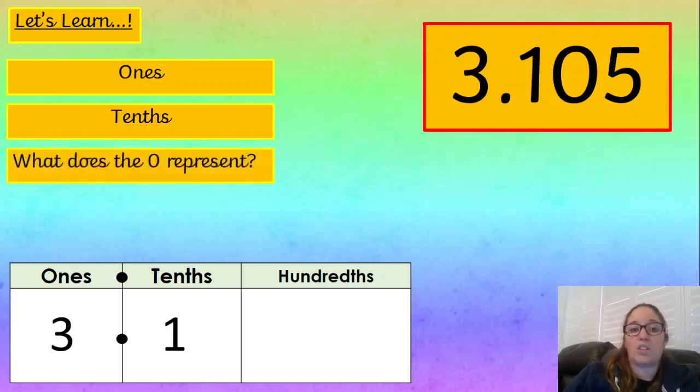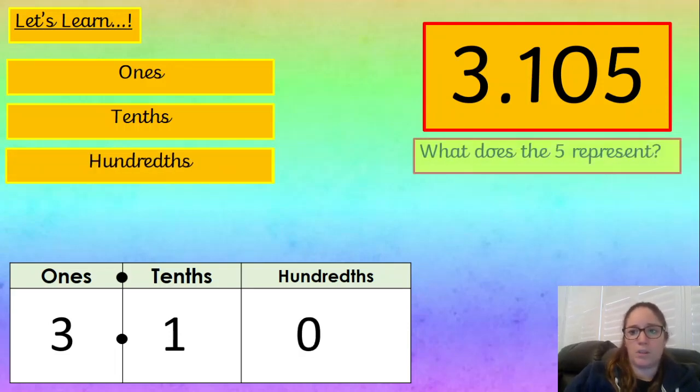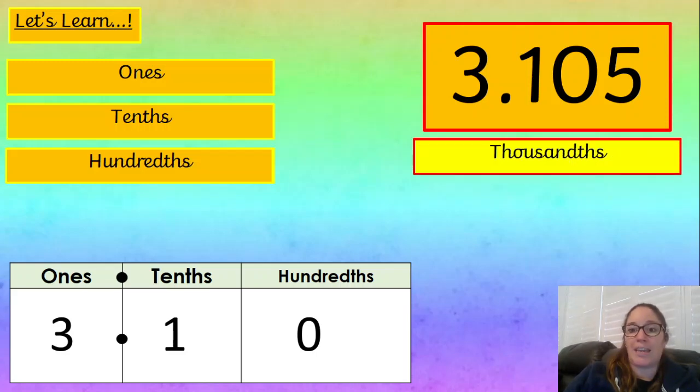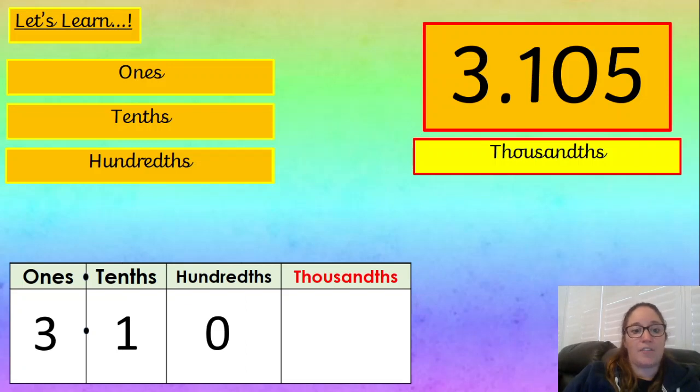And then we've got the 0, which represents hundredths. Oh, but what about the 5? What does the 5 represent? Okay, have a think back to the skill for today. Can you work out what the 5 represents? So at the moment we've got 3.10, but we need to write 3.105. So we're going to make it into thousandths. Okay, the 5 represents 5 thousandths in this number. So our new number now is 3.105.